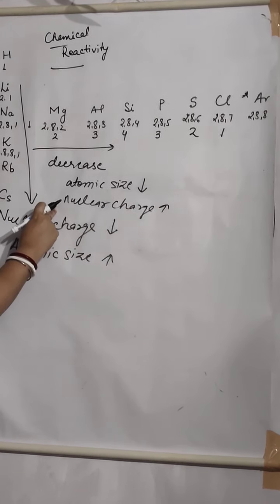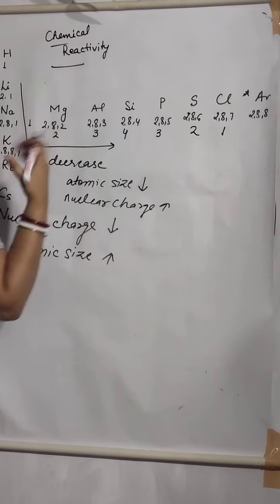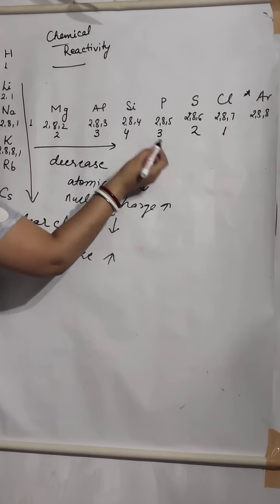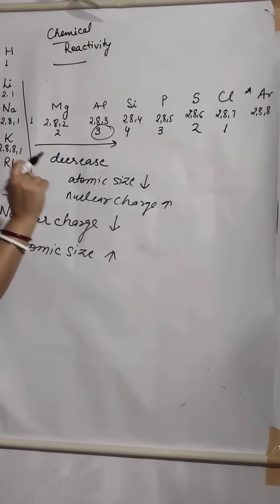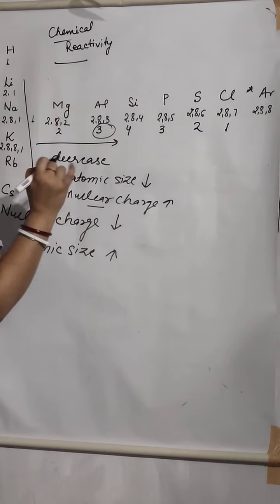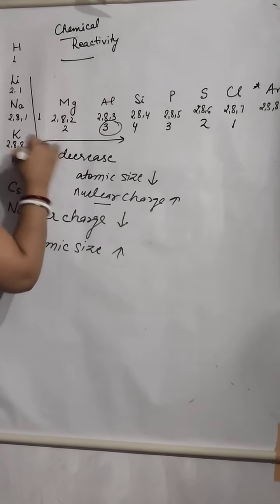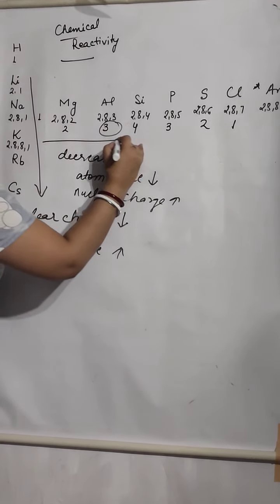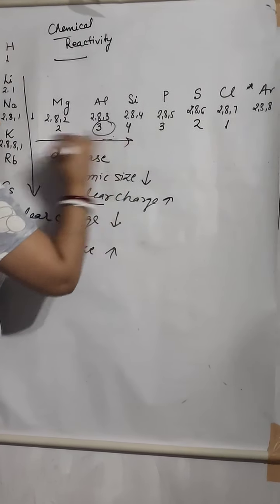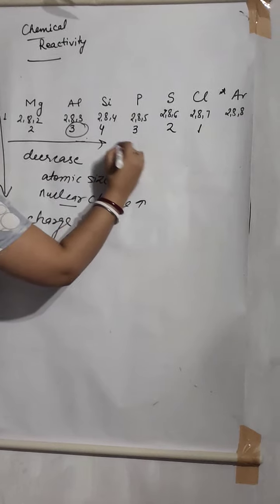Nuclear charge is increasing, so they will donate the electron till 3. Then nuclear charge increases, so it will be difficult for them to donate the electron. So the chemical reactivity till 4 will decrease and then suddenly it will increase.